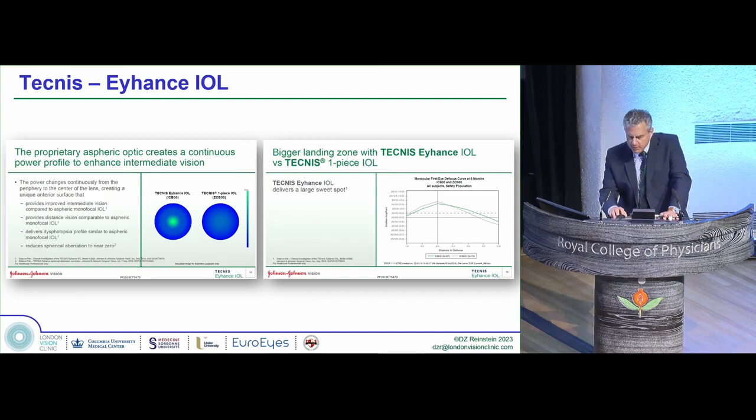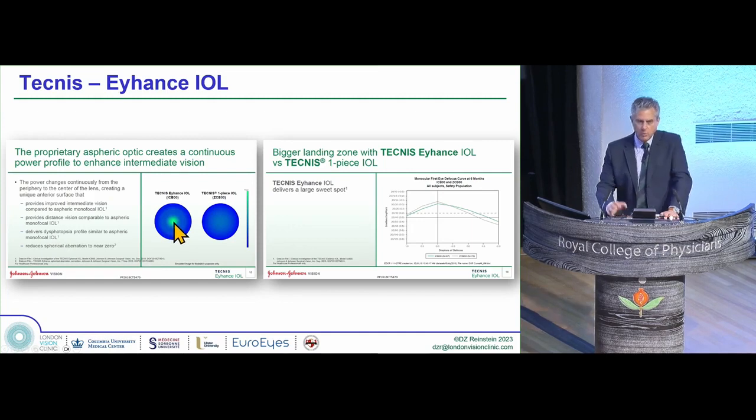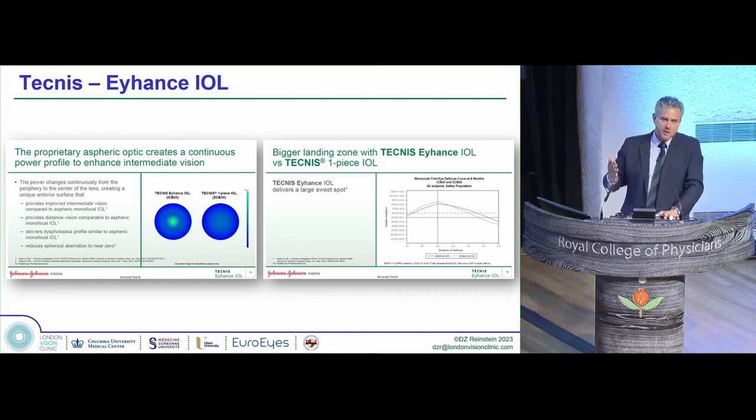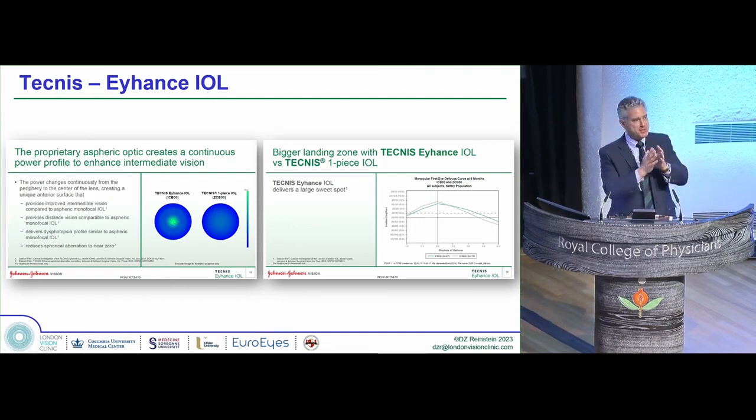And I was like, well, wait a minute. There's more power or less power in the middle, and then gradually less as you go out to the periphery, and it's concentric. I'm not an optical scientist, but to me that means there's a change in sphere as you go out. So that's spherical aberration. She goes, no, it's not.